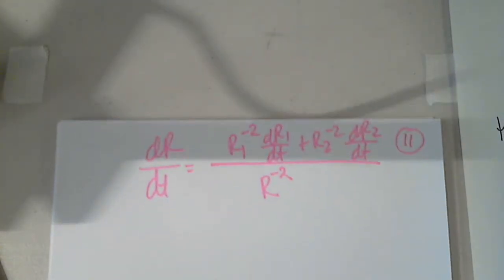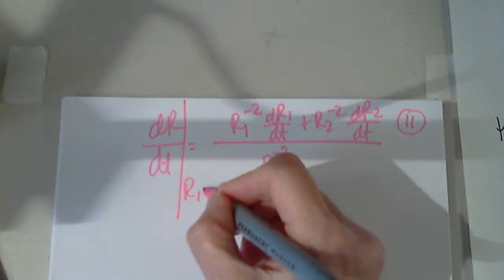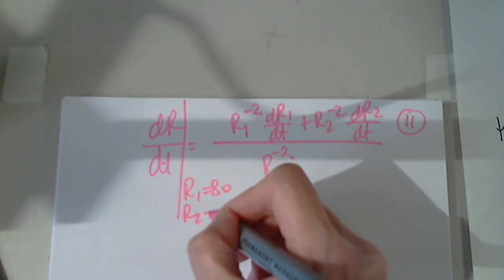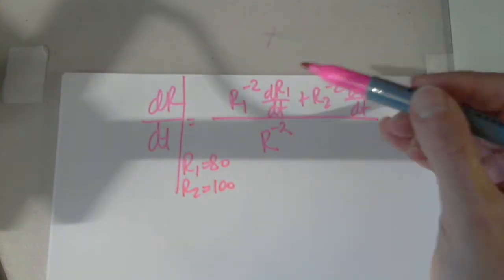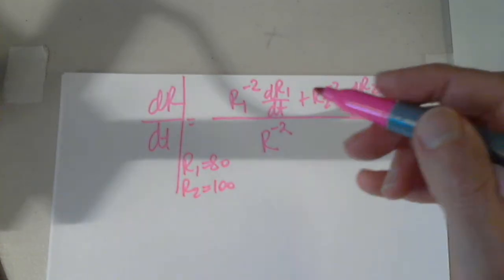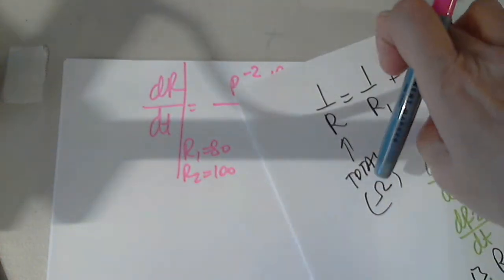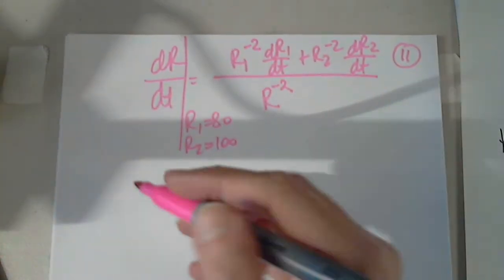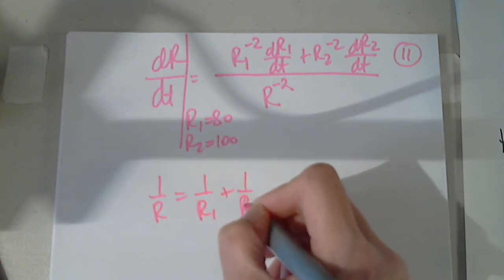Well, obviously I have everything except R. So this is 80, this is 0.3, this is 100, this is 0.2, I don't have this. So now I have no choice, I have to solve this equation for R. So 1 over R equals 1 over R1 plus 1 over R2.